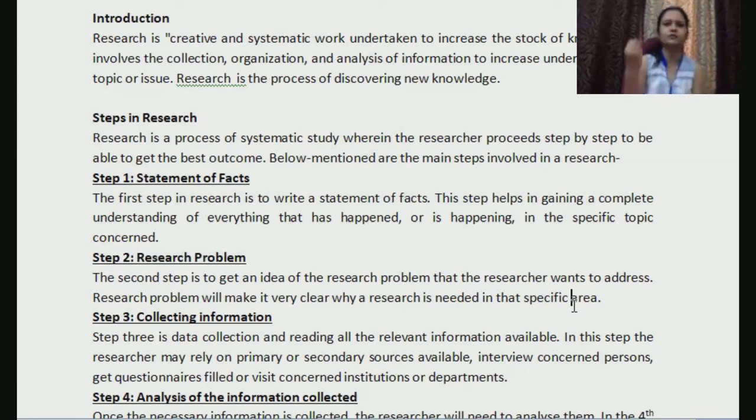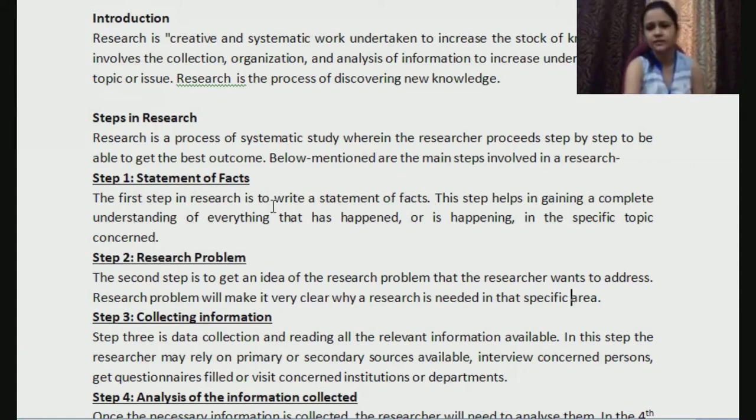Because whatever exists is working fine. But for Corona, we did not have any vaccination or anything. So people invested their time to discover a vaccine, right? So you would identify the research problem, and then you would decide that I would invest my time in fixing this problem, or maybe giving some suggestions with regard to this problem, right? So that is the second step which you have.